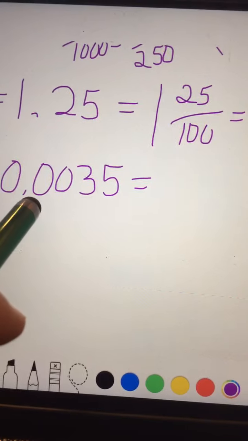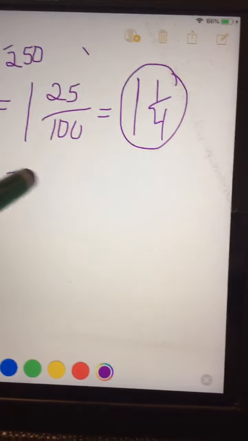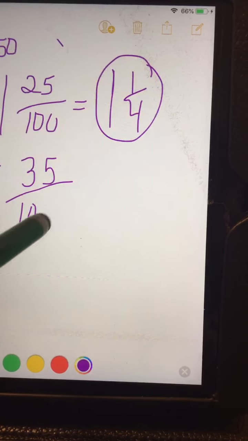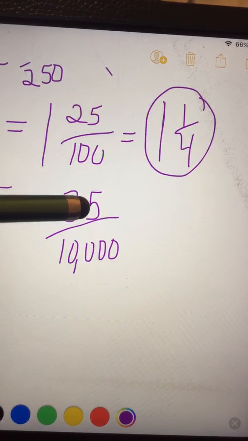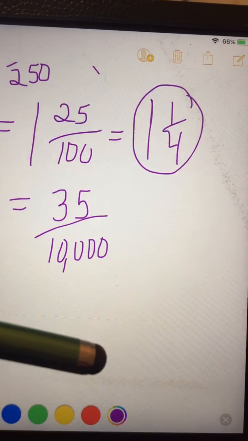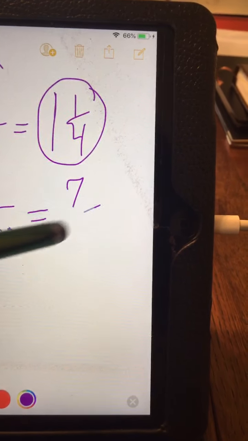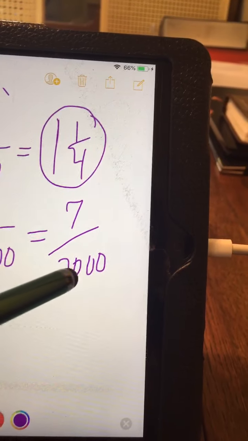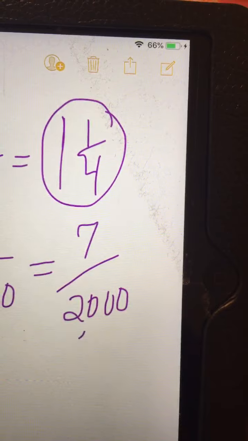So we have tenths, hundredths, thousandths, 10,000ths. Again, we can simplify this, because there's a 5 and a 0 at the end, so they can both be divided by 5. We have 7 over 2,000. And that cannot be reduced anymore. So that's your answer.